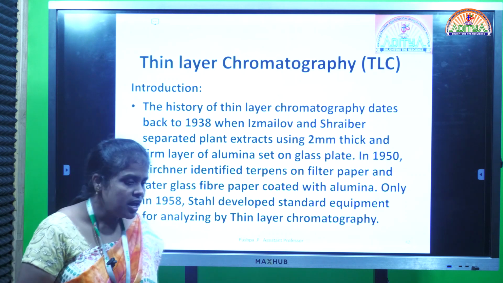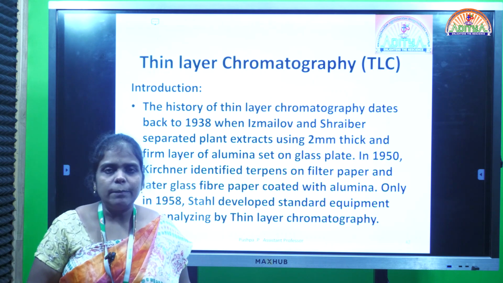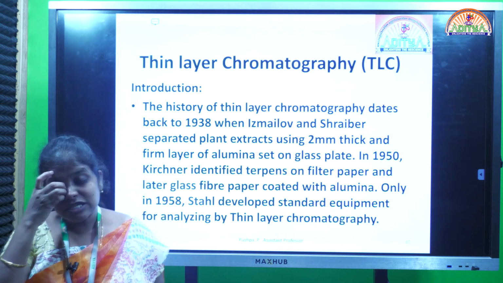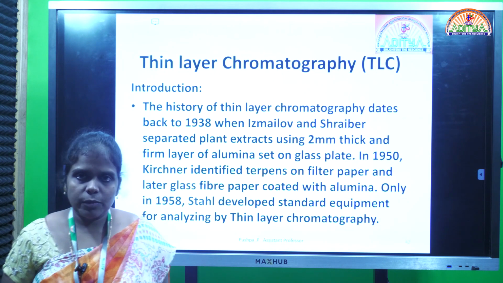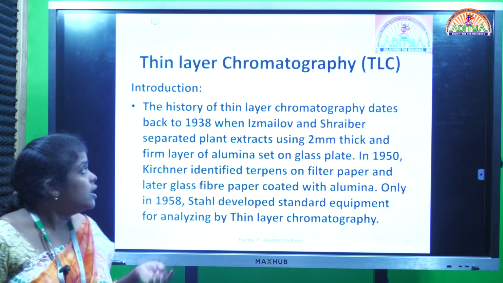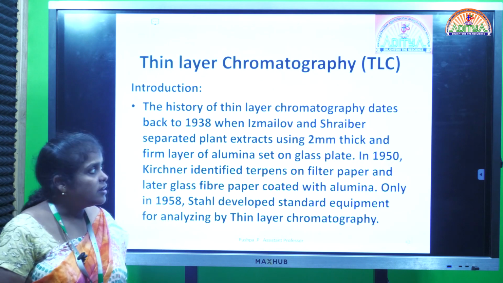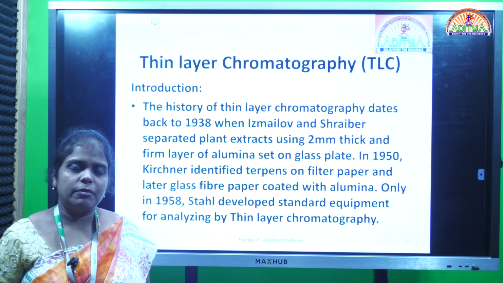Coming to the history, many different scientists used this chromatographic technique, but they didn't give it a specific name or identify it as a very accurate process for separating different types of components. For example, Izmailov and Shraiber first used it to isolate different types of plant extracts.